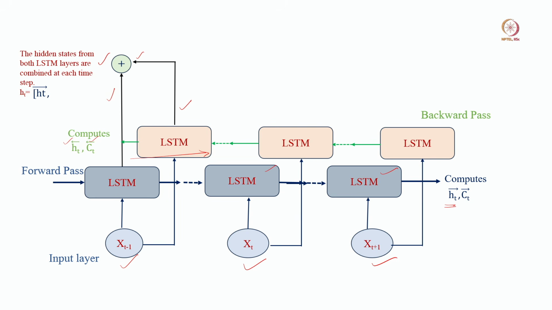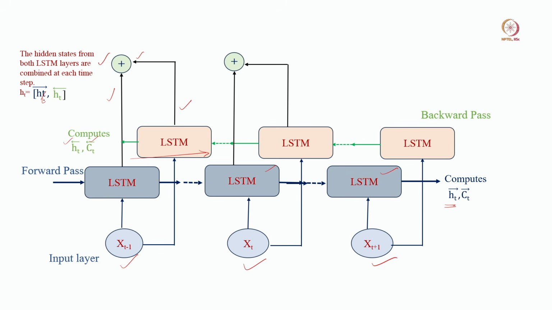Here the hidden states from both LSTM layers are combined at each time step. So, your HT is a combination of HT from the forward step and HT from the backward step.